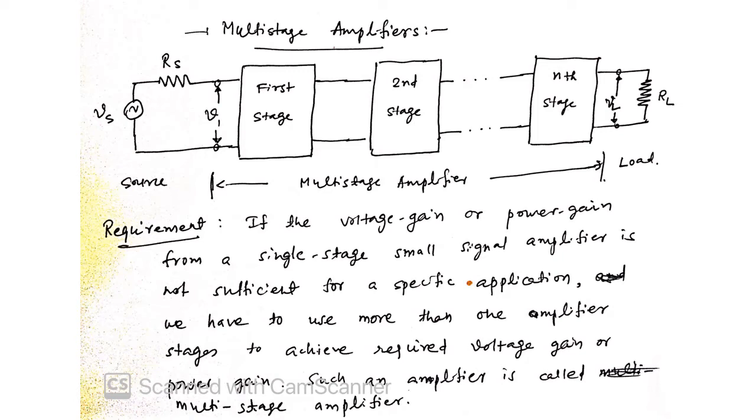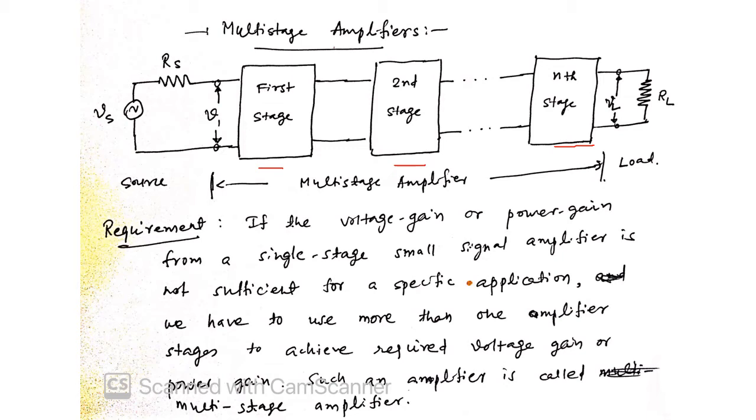As you can see in the circuit, there is a diagram which shows a first stage of amplifier connected to the second stage of amplifier, and likewise there are n amplifier stages connected in series sequentially.